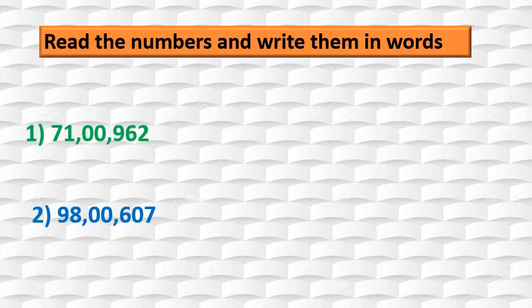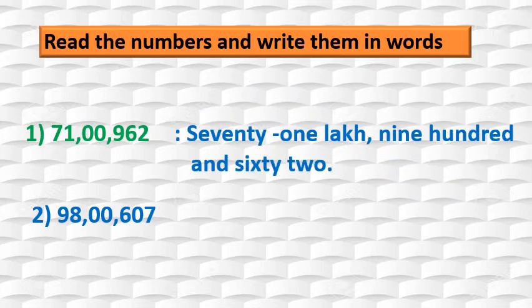Now here 71 is a group, then 00 a group and 962 that you know. Now see here, 00 is in the thousands place. So we will skip the thousands. Directly we will move here: 71 lakh 962. Got this?